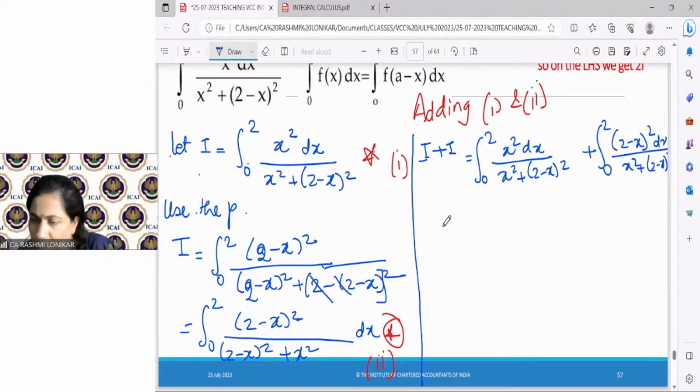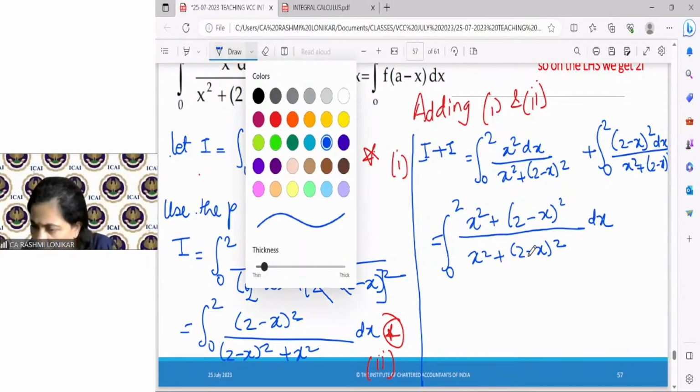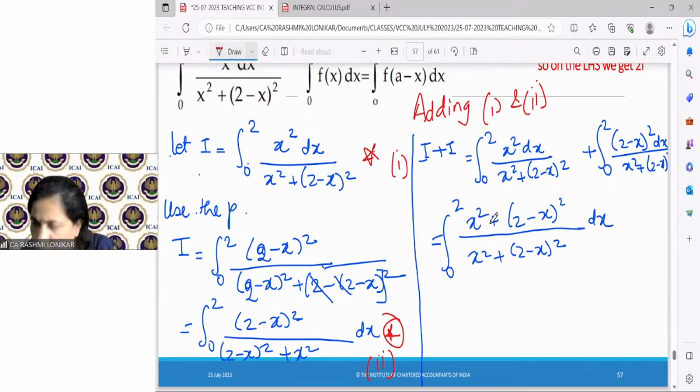Now adding them, I am going to have 0 to 2. In the denominator x square plus 2 minus x the whole square, and in the numerator you have x square plus 2 minus x the whole square dx. Can you notice that they are same? So what will I get?